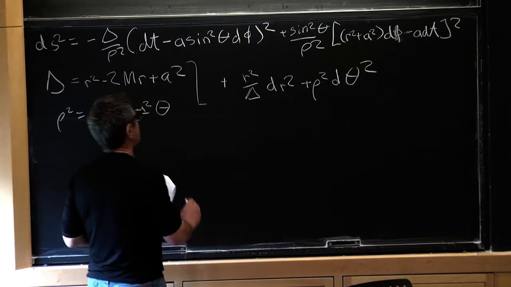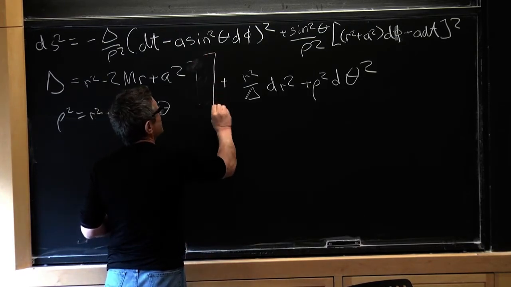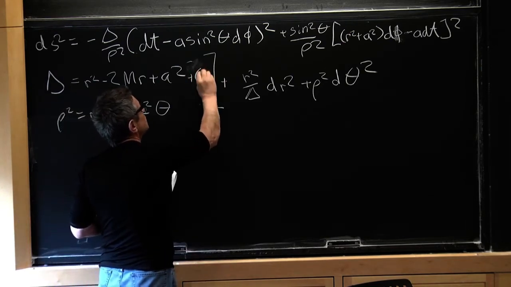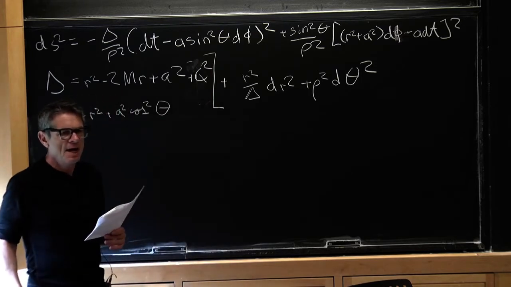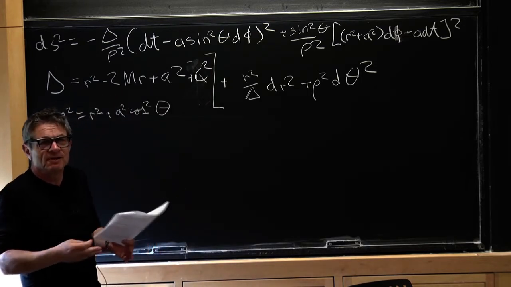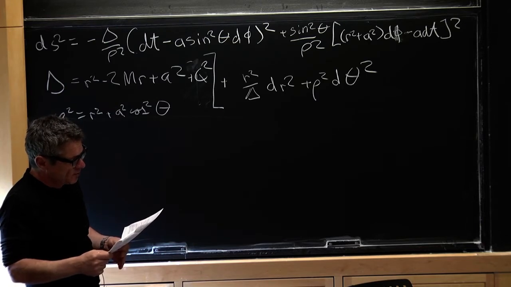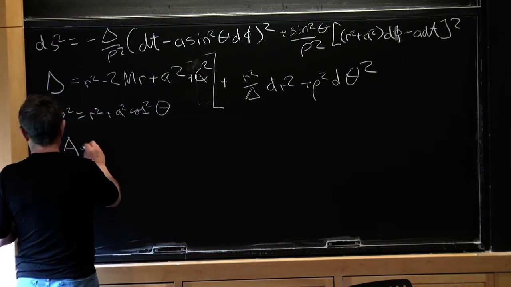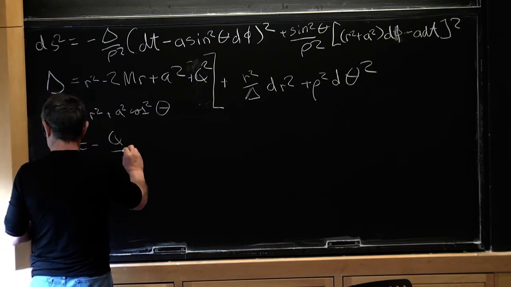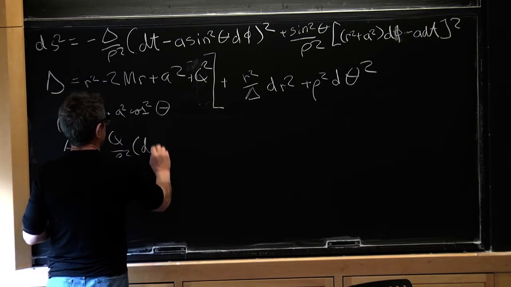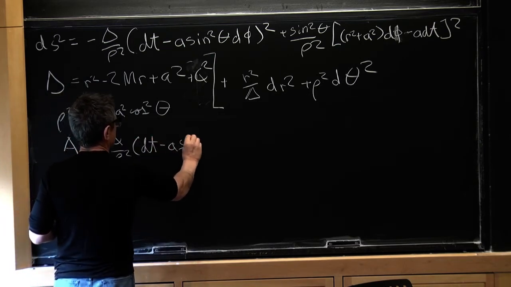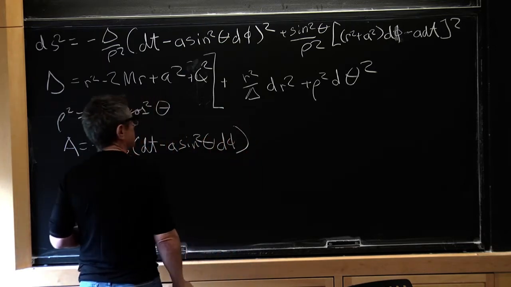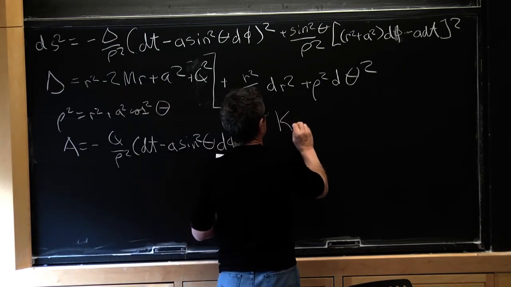I don't think anybody really understands why it's so simple, but all you have to do is add plus q squared here. That gives you the full exact solution of the Einstein-Maxwell equations. Of course, you also have to specify the Maxwell field, so that would be A equals minus Q over rho squared dt minus a sine squared theta d phi.